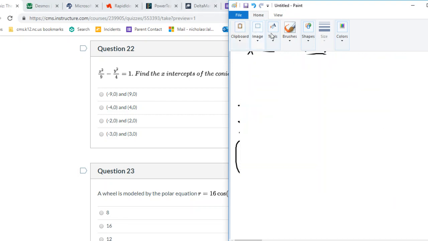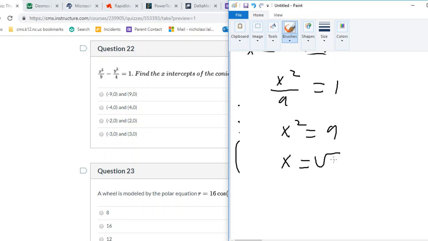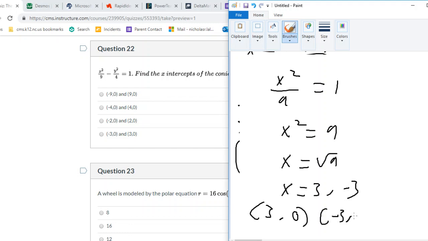So x squared is equal to 9, which means x is equal to the square root of 9, which means x is equal to 3 and negative 3, with coordinates 3, 0 and negative 3, 0.